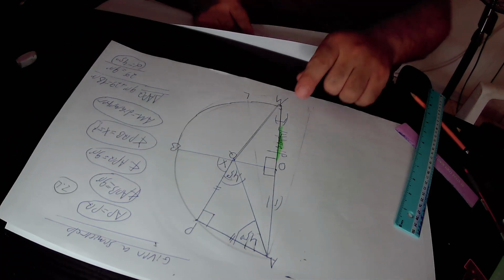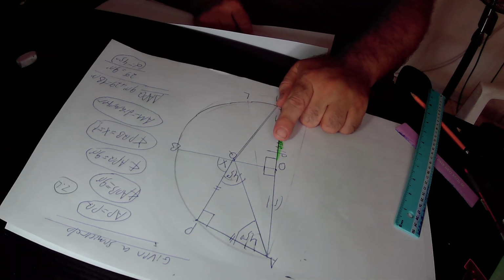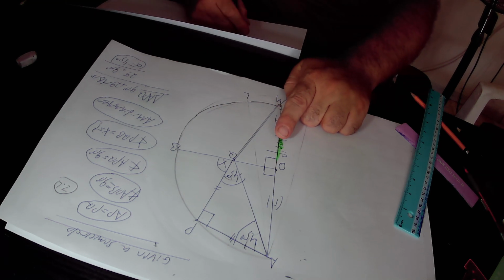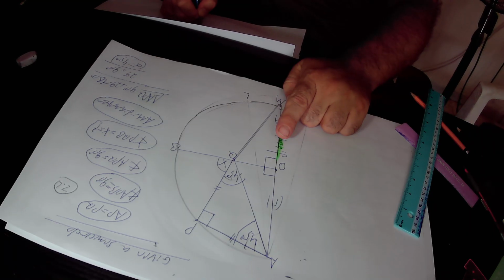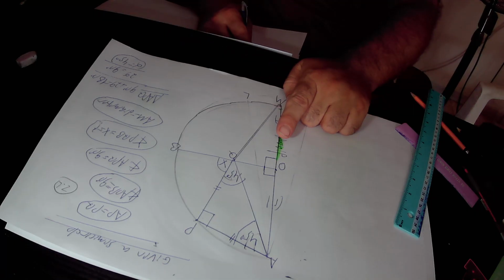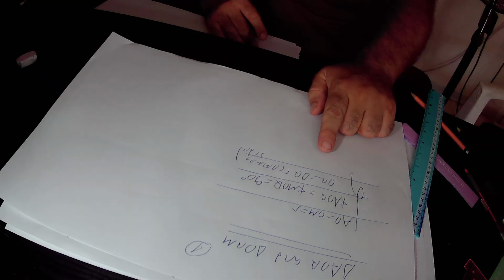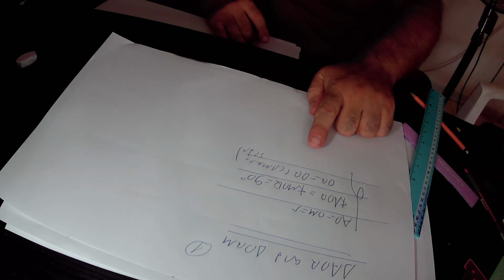And finally, this is side OQ, a common side that belongs to both triangles. So you can write down that OQ equals itself. It is a common side that belongs to both triangles.